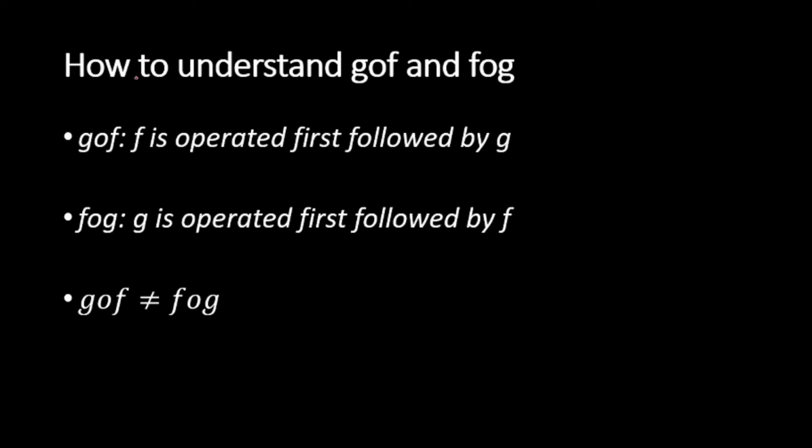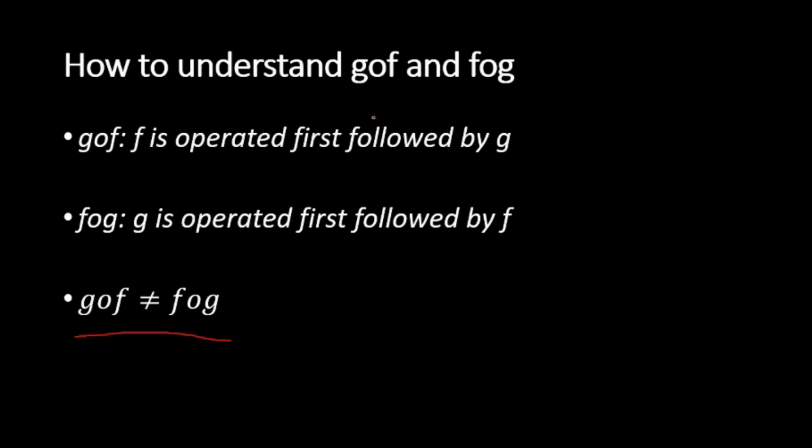So how to understand gof and fog? If it is gof, f is operated first followed by g, and if it is fog, g is operated first followed by f, and never is your gof equal to fog. Theoretically, for the time being you'll understand this. When we work out examples, you'll understand more why gof is not equal to fog.